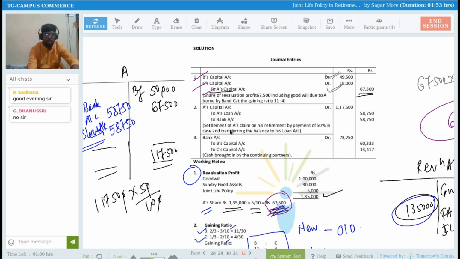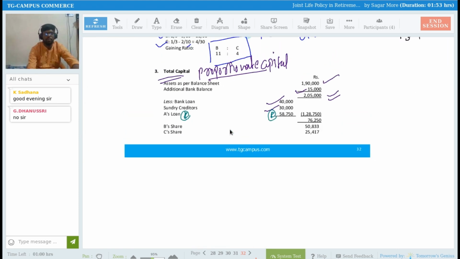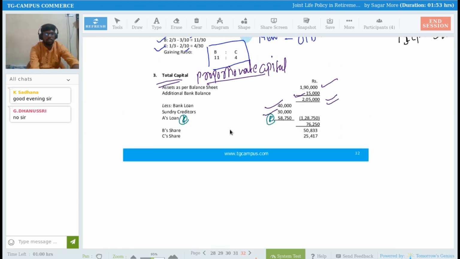Okay. So now after passing the second entry, the third and important part is the proportionate capital. That I will do now. See the working note now. Working note number 3. You can do working note number 3 only after passing the two journal entries. After passing them, you get to know A's loan balance is 58,750. That is your liability.